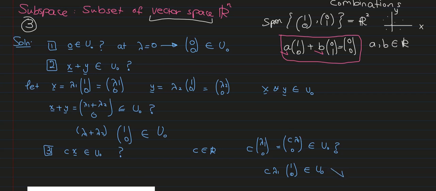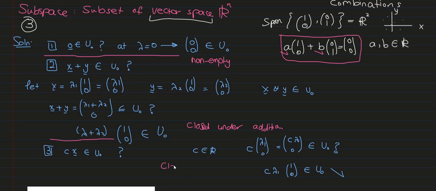Now we have tested the three conditions. The 0 vector does exist. Also the addition is closed. So this U node is closed under addition. So it was non-empty. It holds the 0 vector. It was closed under addition. And by the third condition also, it was closed under scalar multiplication.